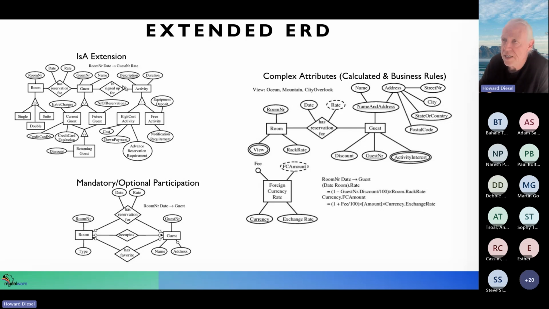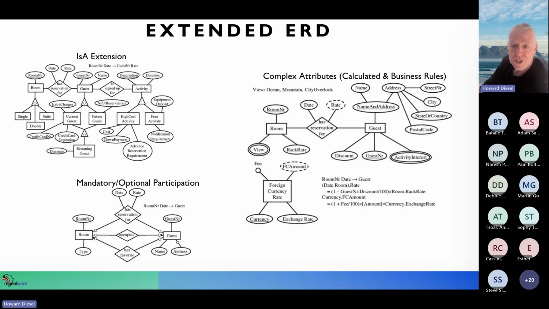And here you can see they've taken almost the aggregation to another level that wasn't part of ERD, but is part of UML, but people wanted to stick with ERD diagrams, so they extended it. They extended it to complex attributes, calculations. Can you see the rules that are coming out here? How do we calculate something?